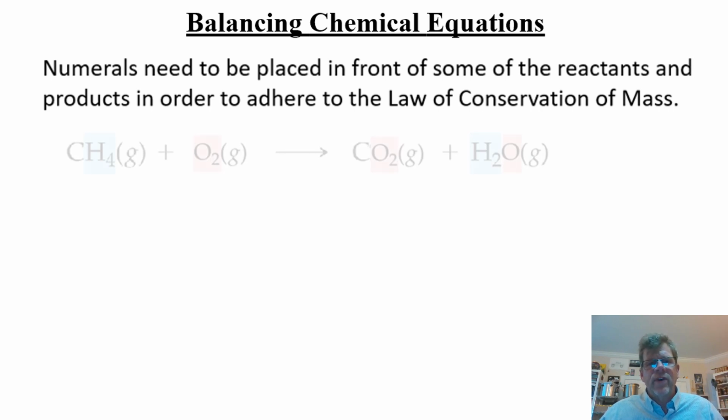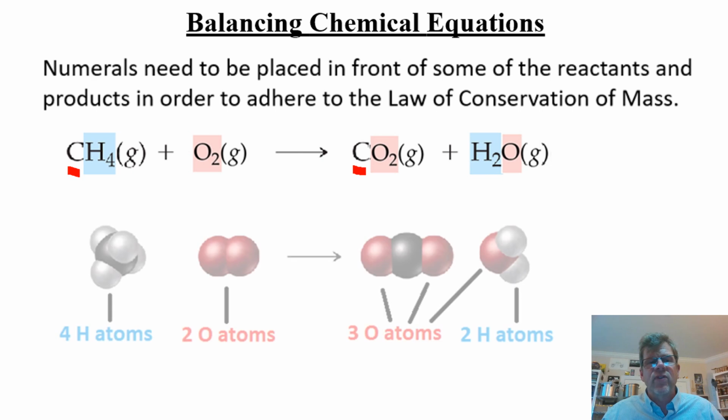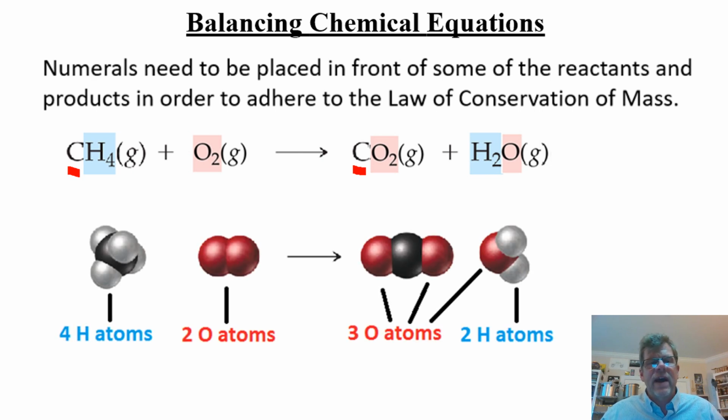So here's, just as an example, a representative chemical equation of reaction: CH4 plus O2 goes to CO2 plus H2O. Now, if we look carefully at this, we can see that there's 1 carbon on each side. However, there are problems with it because there's differences in the number of hydrogen atoms and the number of oxygen atoms on each side.